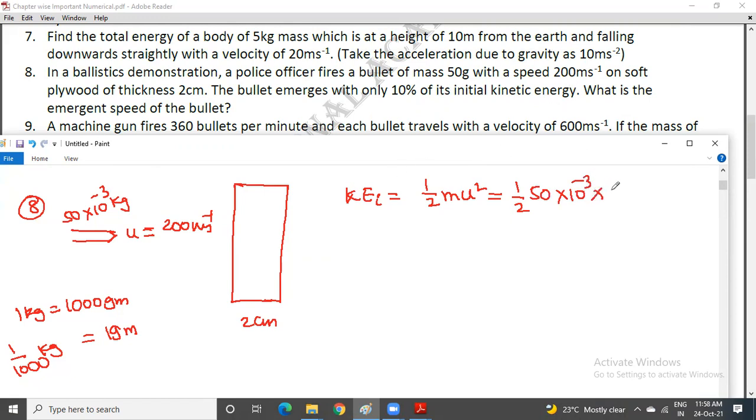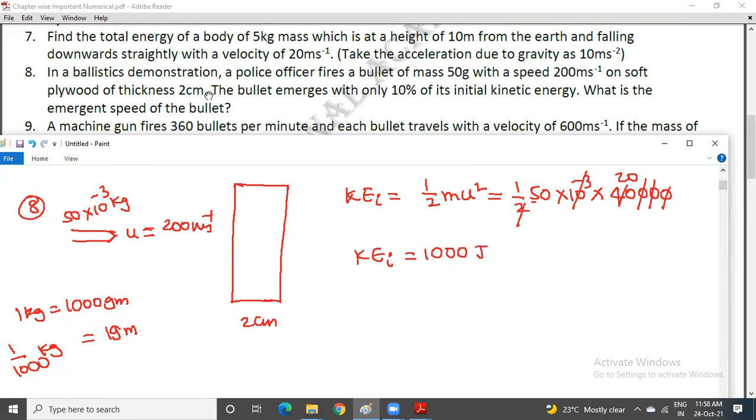So 200 square means 4 and you will get 4 zeros, divided by 1000. You can cancel this. Now this is going to be 20 times 10 and 1000. Initial kinetic energy is 1000 joules.